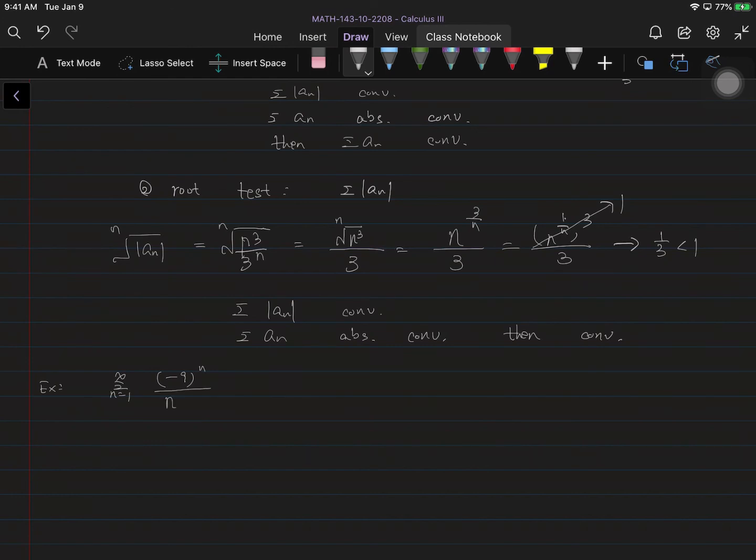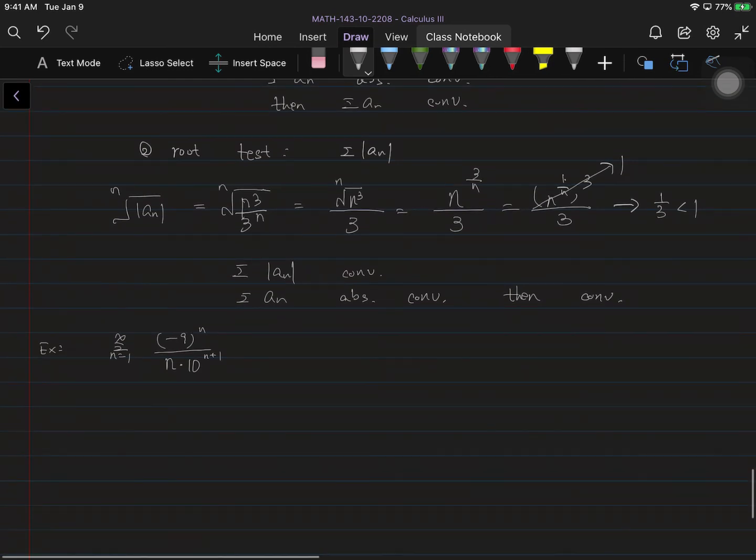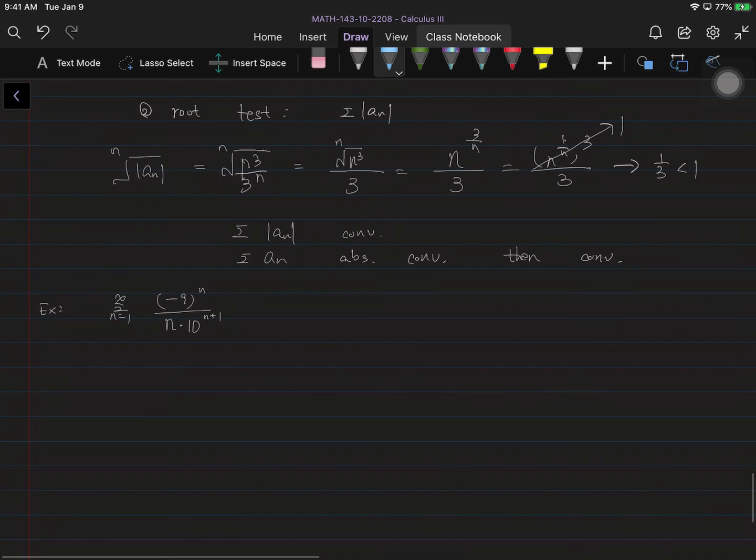Very similar, but a little bit different. You can try this by yourself, and I'm going to give you the solution.